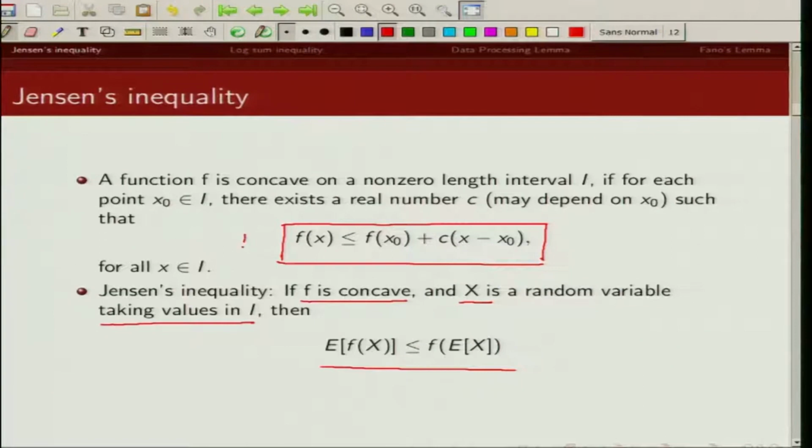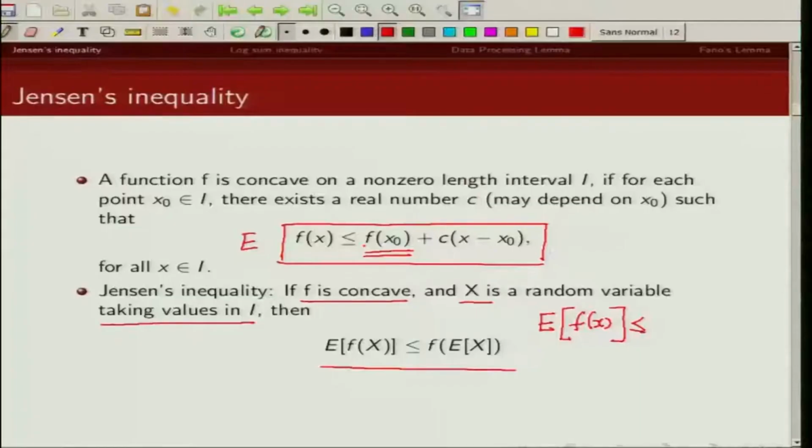If I take expectation on both sides, what do I get? The expected value of f of x is less than or equal to the expected value of f of x0 plus c times (x minus x0). Now x0 is a number in the interval over which this function is concave, so I can choose x0 such that x0 is the expected value of x.